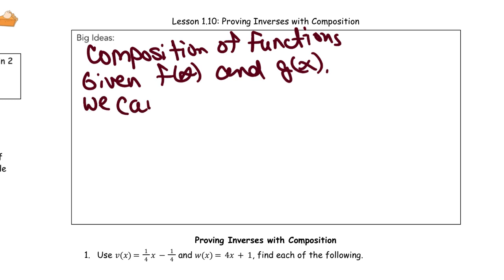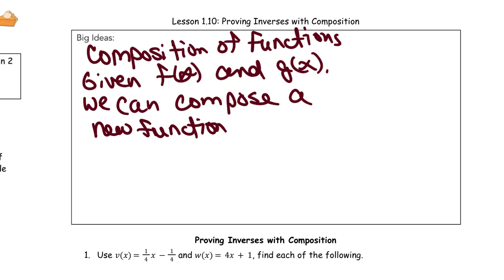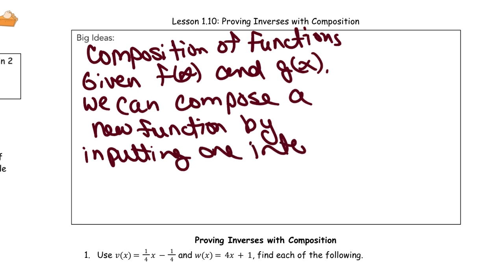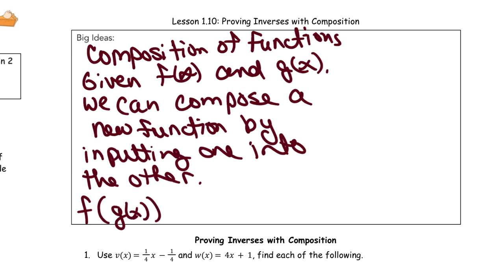We can compose a new function by inputting one into the other. For example, we could put g inside of our f function. We would read that f of g of x. This could also be written f of g of x.